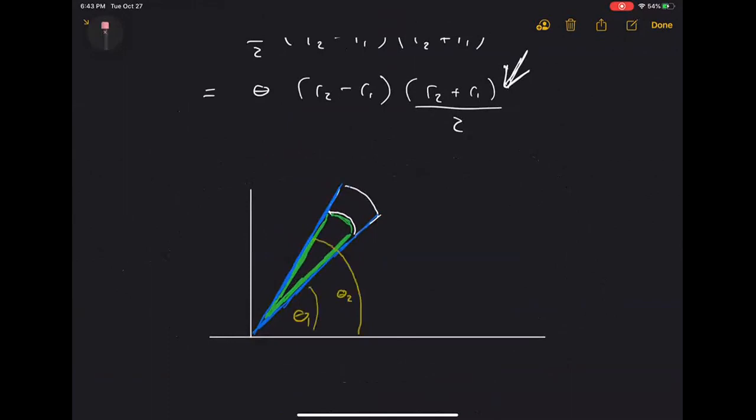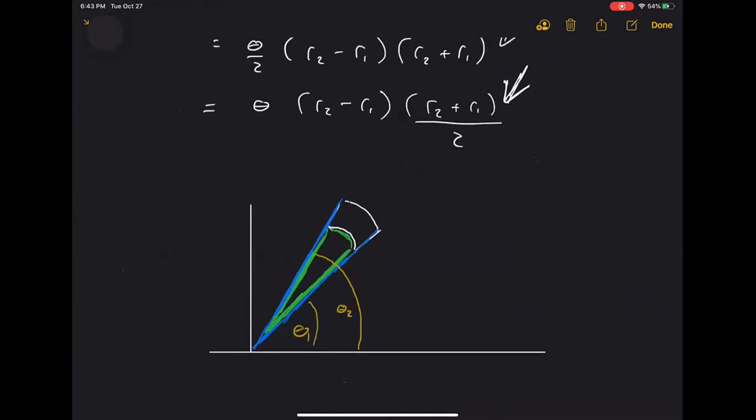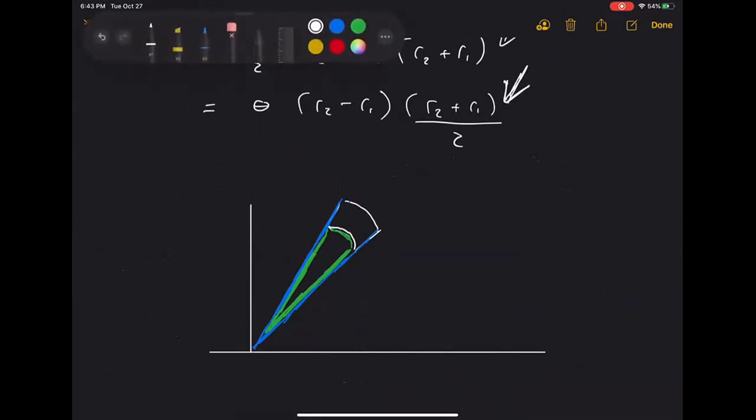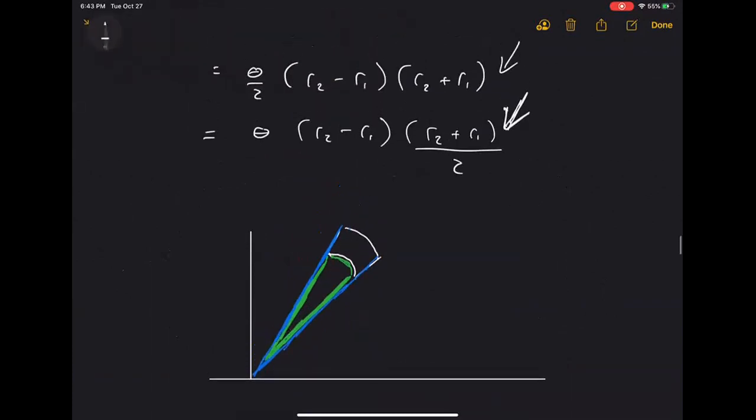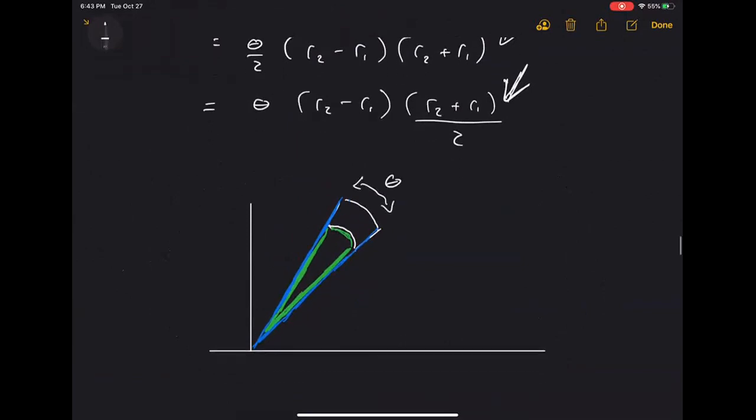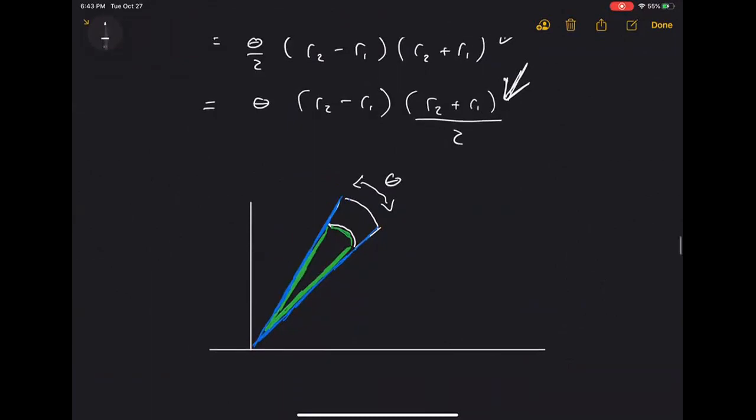Let's dissect what's going on. This theta term is my angle, from here to here. What's R2 minus R1? That's the difference between my outer radius and my inner radius, right?